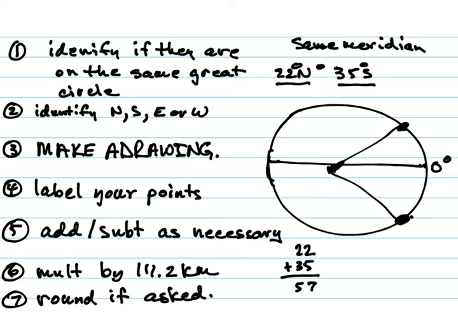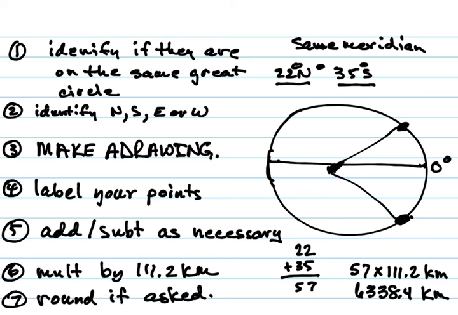gives me 57. Once I know that value, then it's simply a matter of taking that 57 times my multiplier, which is a constant, and 57 times 111.2 becomes 6338.4 kilometers.